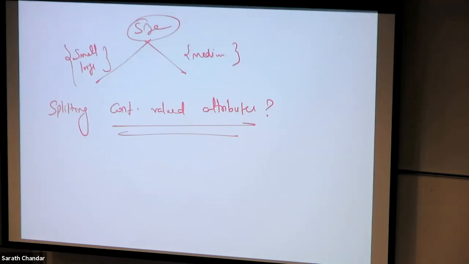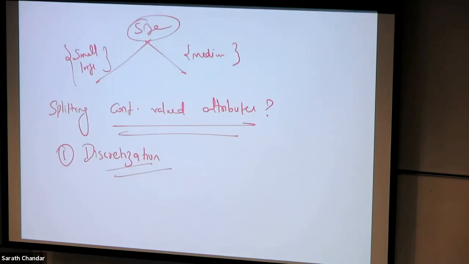How do I split in a specific place to construct a binary or multi-way split? There are many possibilities here. The first one is the idea of discretization, which is basically you take this continuous value, discretize it into bins, and then just use these bins and treat this as a discrete feature.